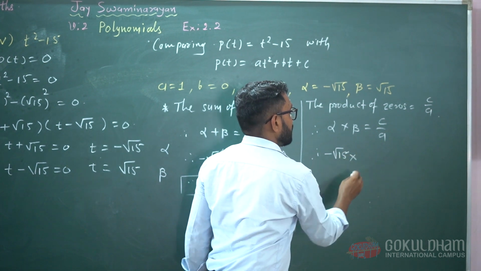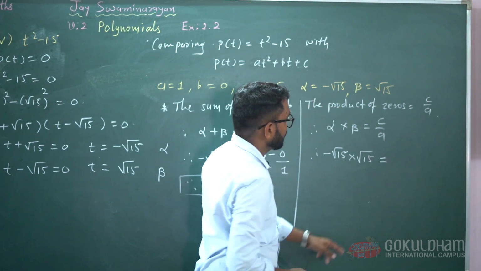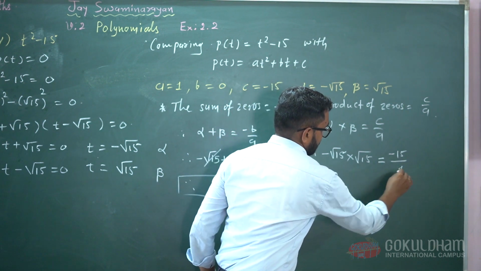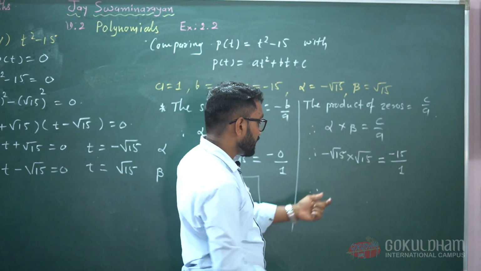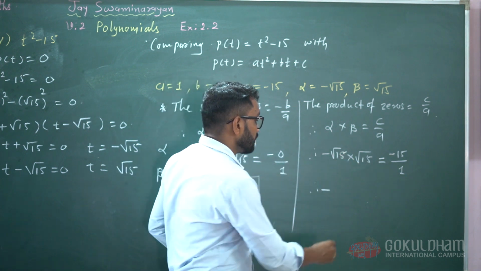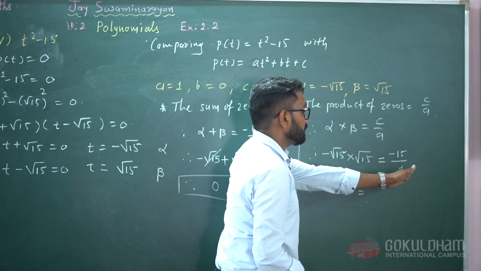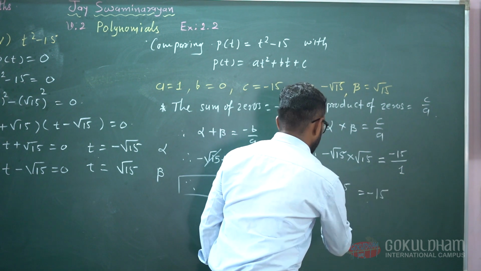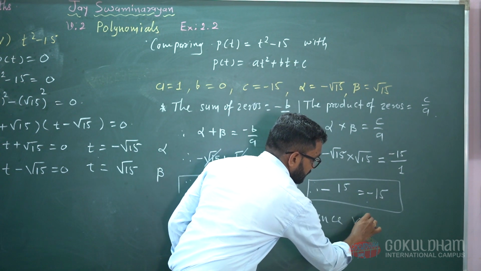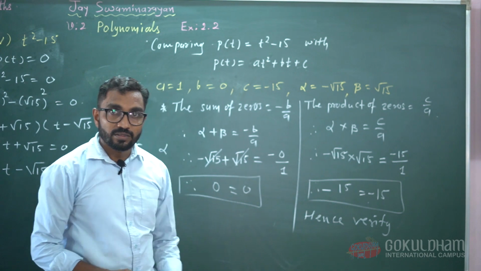Minus under root 15 multiplied by under root 15, and c equals minus 15, a equals 1. Here the minus is taken outside. Root 15 multiplied by root 15 equals 15, then minus 15 divided by 1 is also minus 15. So both values are the same, hence the relation between zeros and coefficients is verified. Okay, thank you. Jai Swaminarayan.